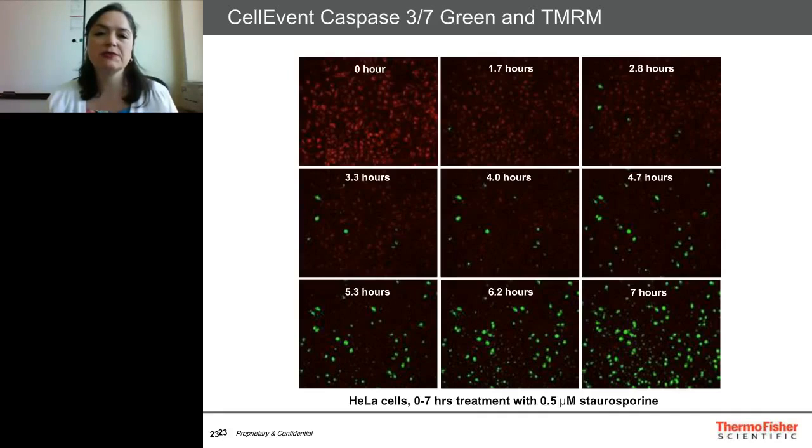But when the cells are treated with staurosporine to evoke apoptosis, by about 3 hours the red signal's all gone because the mitochondria are no longer healthy, so they've lost that signal of mitochondrial health. And by 7 hours, most of the cells are green, showing that they've undergone apoptosis, and that's that CellEvent signal.